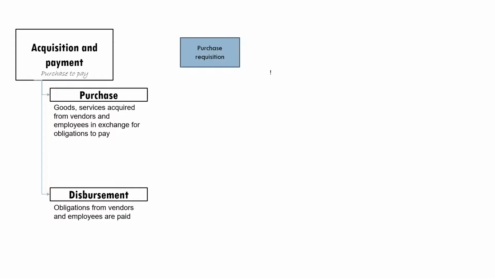A purchase requisition is initiated by the user department and approved by the supervisor or the direct manager of that user department, because at the end of the day, it is the user department who can evaluate if they really need the goods that have been requested. So the purchase requisition comes from the user department and is approved by the direct supervisor, manager, or head of the user department.